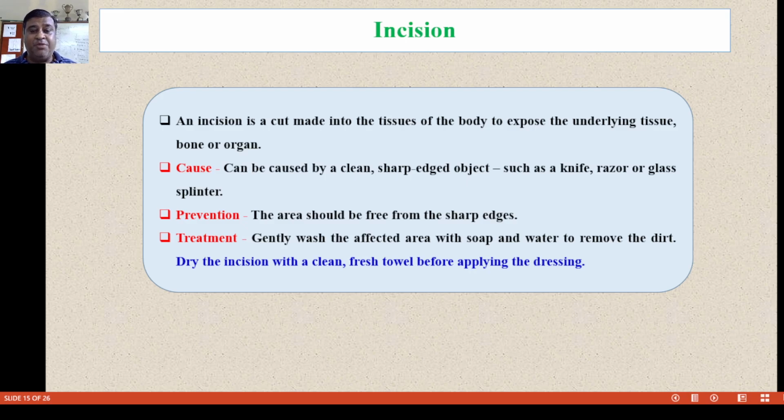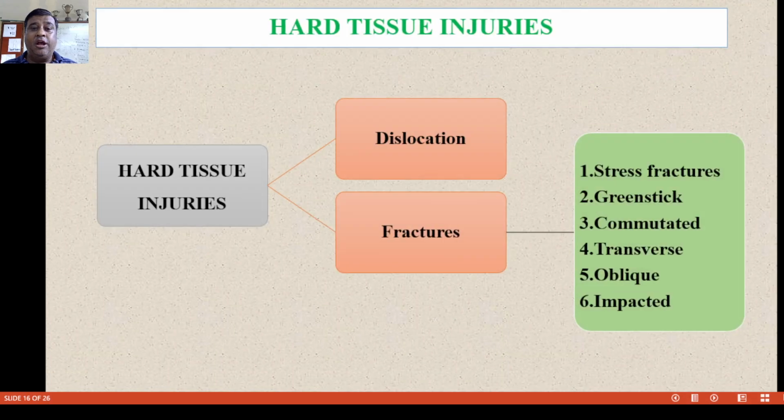For prevention, the area should be free from sharp edges. For treatment, gently wash the affected area with soap and water to remove dirt, and dry the incision with a clean fresh towel before applying any type of dressing.